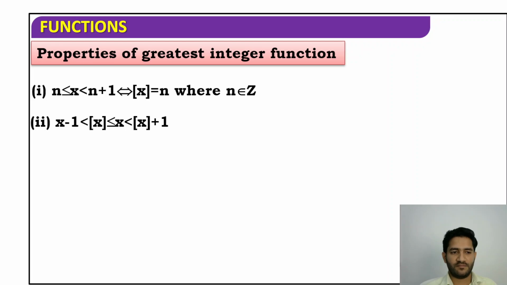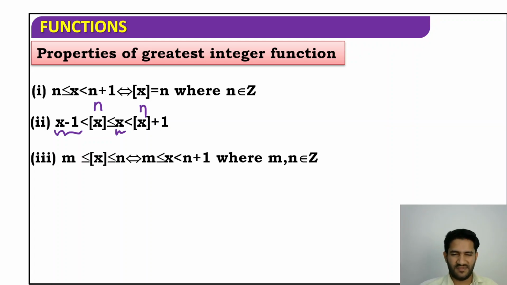Second: x minus 1 is less than the greatest integer function of x, which is less than or equal to x, which is less than the greatest integer of x plus 1. The greatest integer is an integer, but x minus 1 and x can be real numbers.